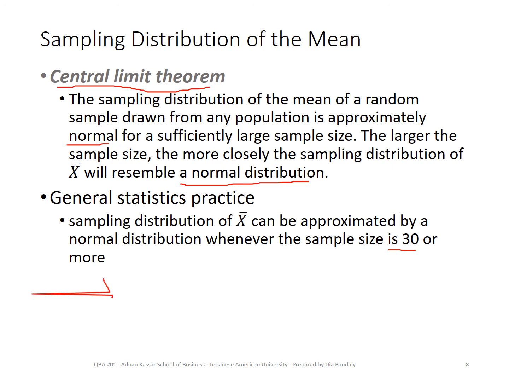If we know that X is normally distributed with a mean of mu and standard deviation of sigma, then when we collect an X bar from that population, X bar belongs to a distribution, called the sampling distribution of X bar, which is also normally distributed with a mean also of mu and standard deviation sigma of X bar, which is equal to sigma over square root of n.